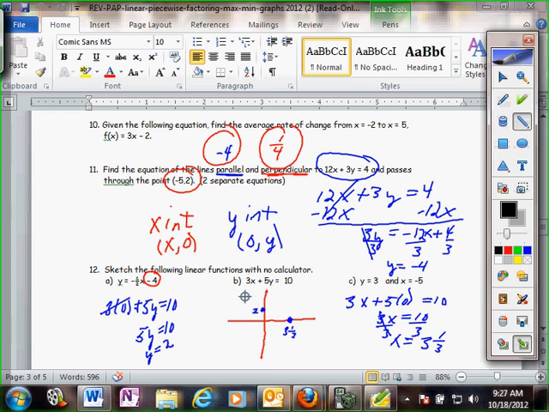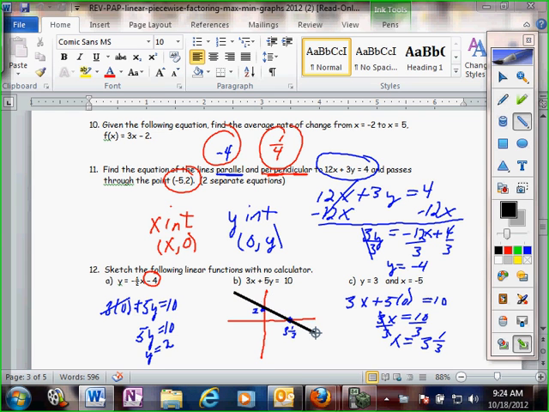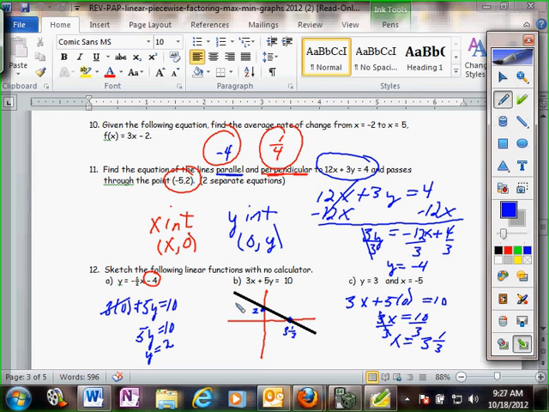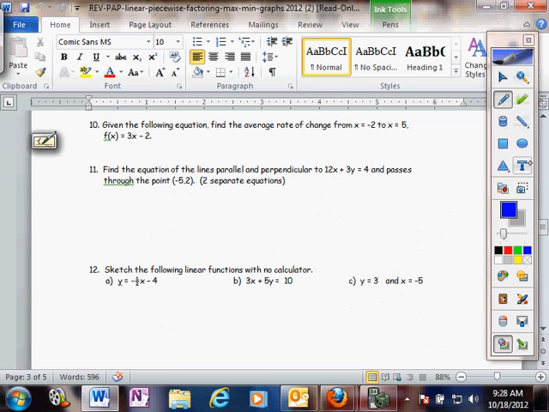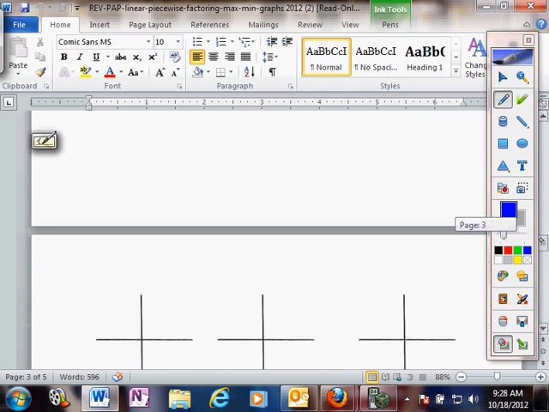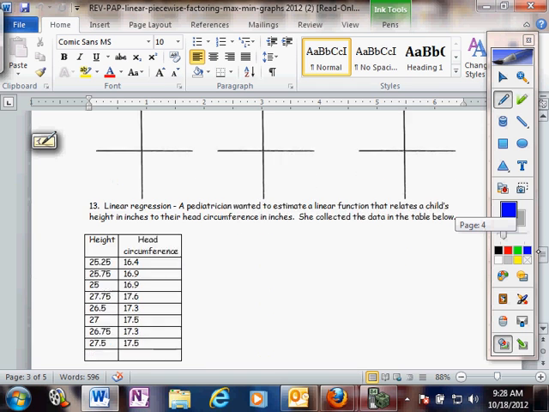And just connect the dots, and I'm done. That's using the intercept method. You could use the intercept method on any one of these. Works pretty easily. And that'll about do it.